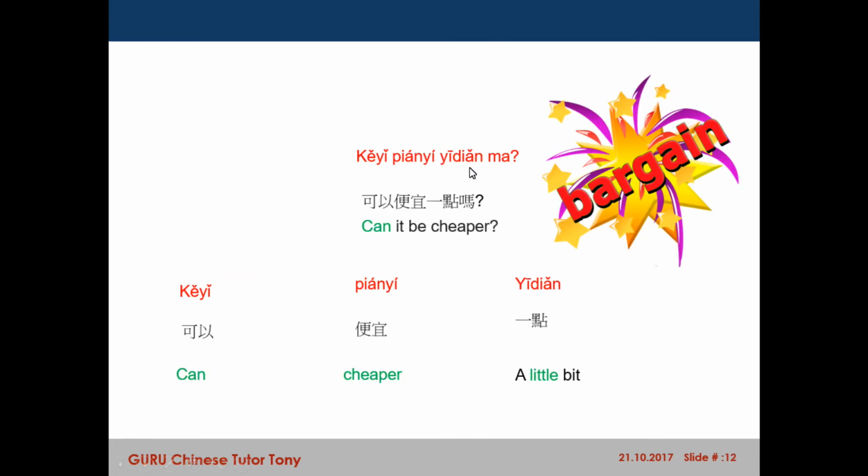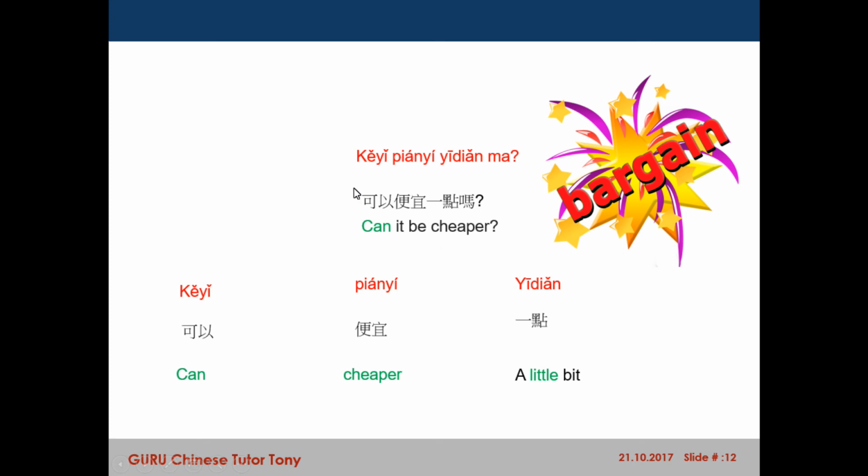Okay, bargain again. Can you be cheaper? 可以便宜一点吗? 可以, can. 便宜, cheaper. 一点, a little bit, in Spanish poquito. So put together: 可以便宜一点吗?